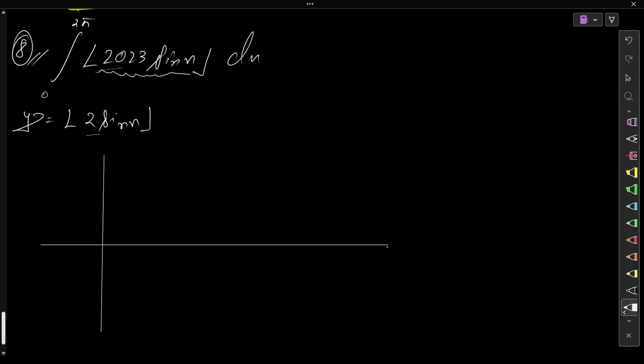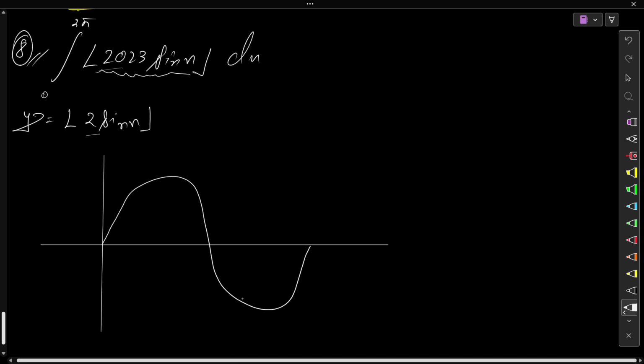So yeah, let us construct the graph. So 2 sin x. Okay, so this is the peak value, which is 2, and the lowest peak value is minus 2.